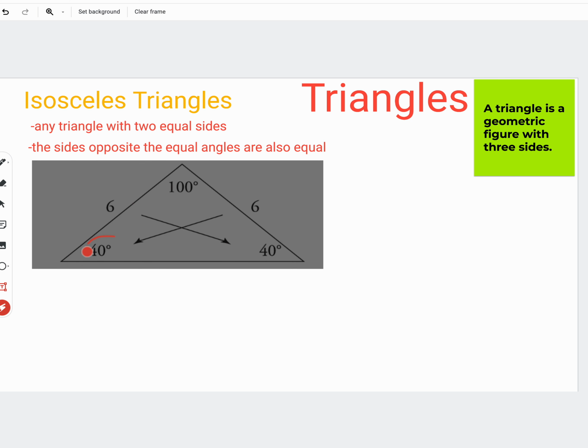If this side is 6 and this side is 40, then we know that this side also is 6 and 40, as 180 will add up to how many degrees are in a triangle.